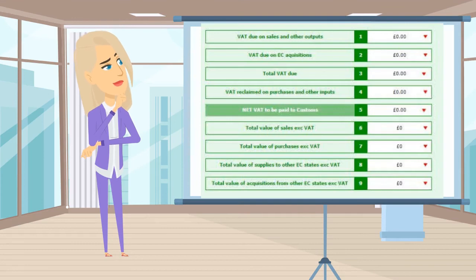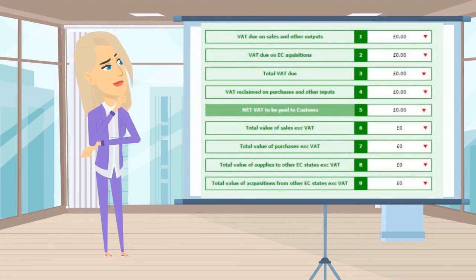So here you can see an example of a full VAT return. And you have box 1 for VAT due on sales and other outputs, box 2 for VAT due on EC acquisitions, a total box for box 1 and 2, then VAT reclaimed on purchases and other inputs in box 4, and the net VAT to be paid to HMRC. So if your total outputs are more than your inputs, then you owe HMRC.